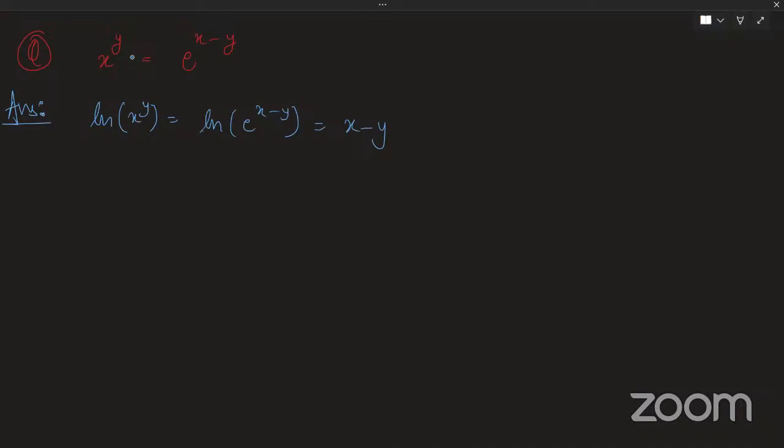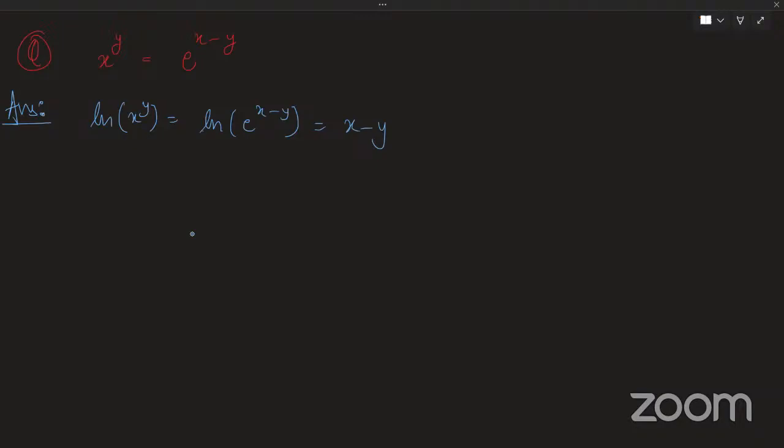And what about this thing? It is ln of x raised to y. So I have a power rule in logarithm. What happens to the power? It comes to the front of the logarithm. Y ln of x. Correct.